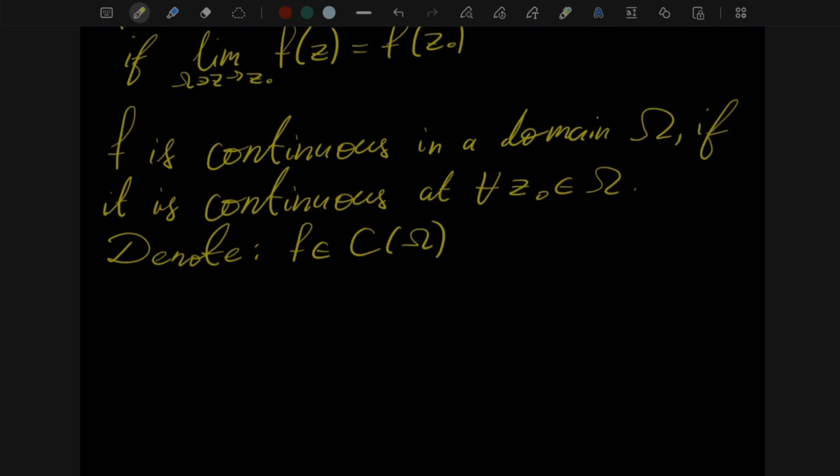So similarly to the real valued limits, f is continuous in a domain if it is continuous at every point of that domain, and we denote it as such.